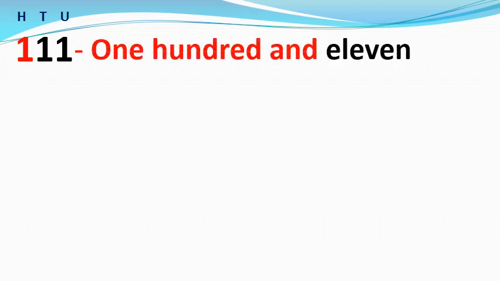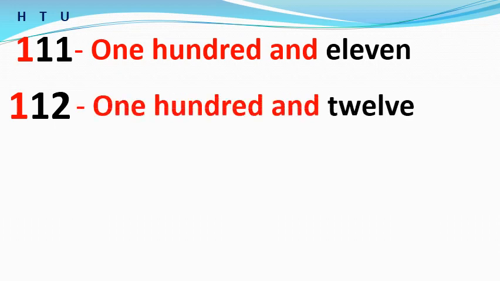So we read it as 100 and 10 and 1 unit is 11. So we read it as 111. 112, that is 112. Children, just to remind you, 12 is 12. So we read it as 112.